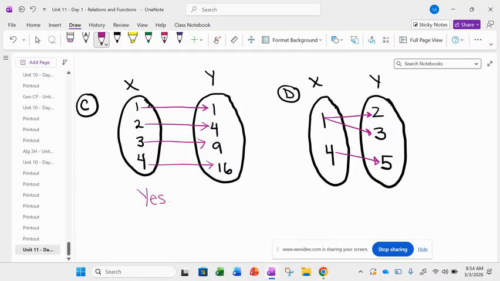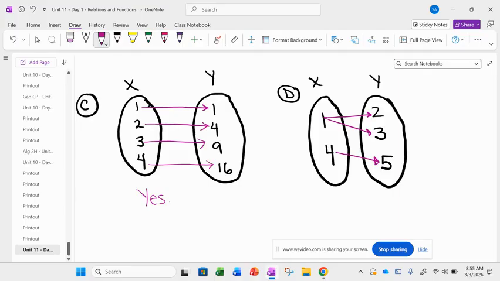Is this a function? Yes? No? Maybe? No, this is not a function because my x is my input, my y is my output. So I'm inputting 1 and I'm getting 2, but then I'm inputting 1 again and I'm getting 3.